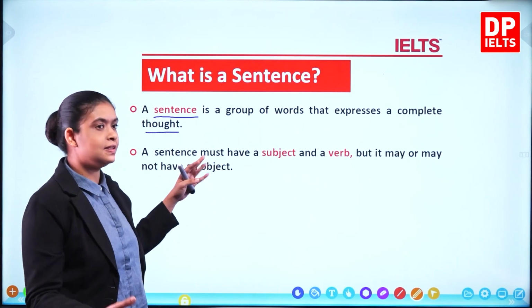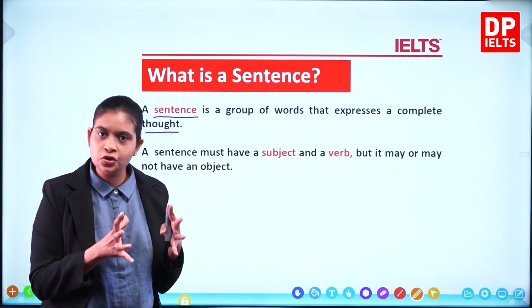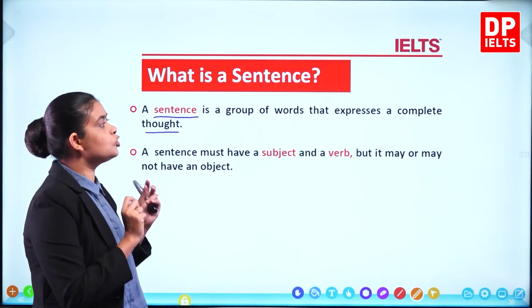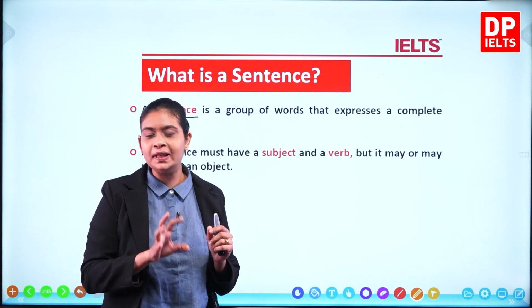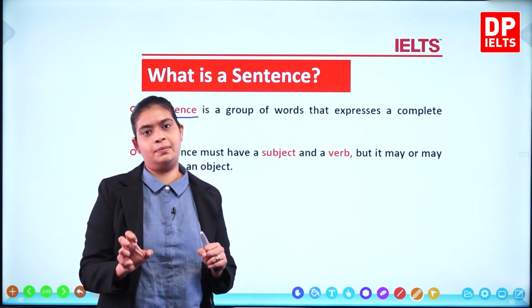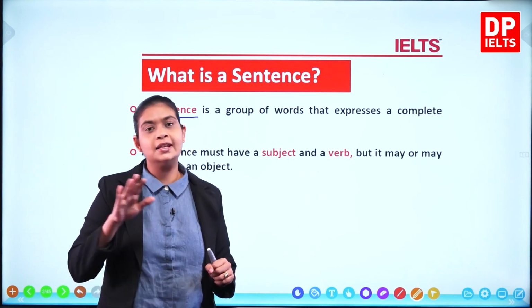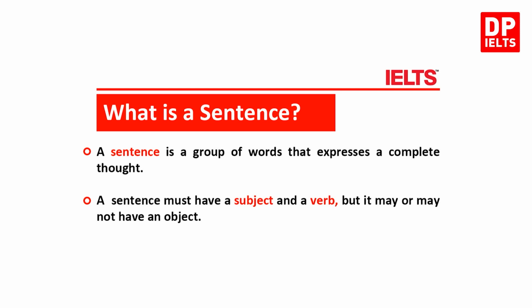A sentence is where you put some words together, but when you put it together, you should have a complete thought, a complete meaning. If it does not have a complete meaning, then it is not a sentence. A sentence is a group of words that expresses a complete thought.